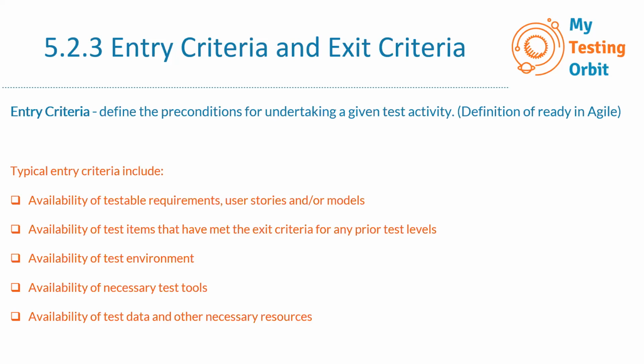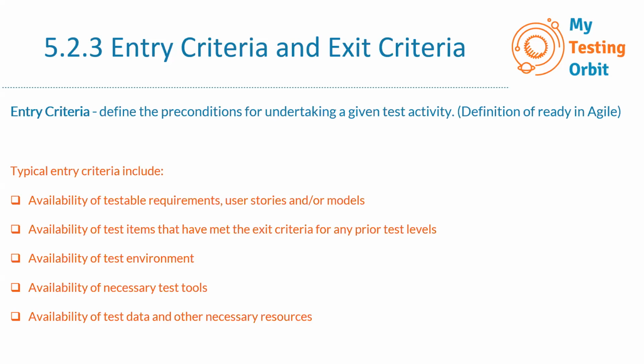If we are doing multiple test levels and there are entry criteria for different test levels, then we also have to consider the exit criteria of the previous test level, which we will cover shortly.